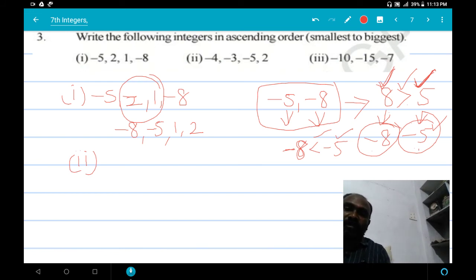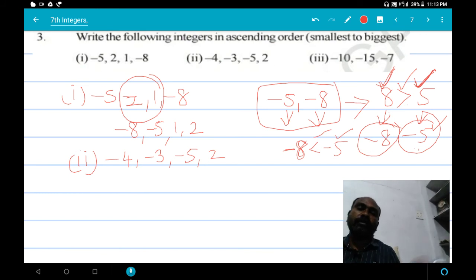Next problem: minus 4, minus 3, minus 5, 2. Here only 2 is a positive number, so 2 is the biggest number.